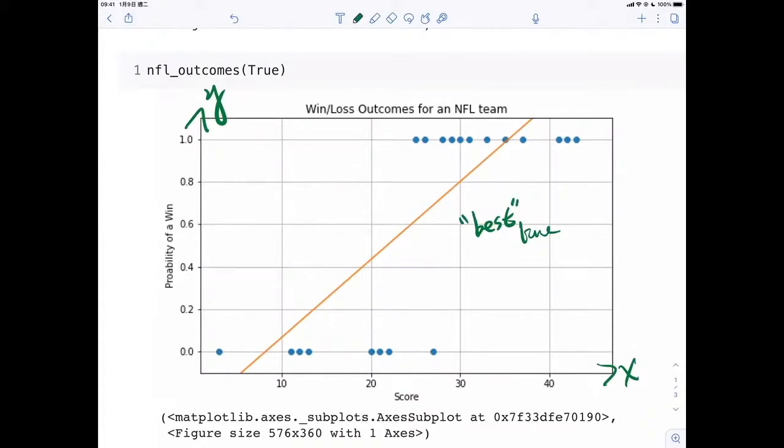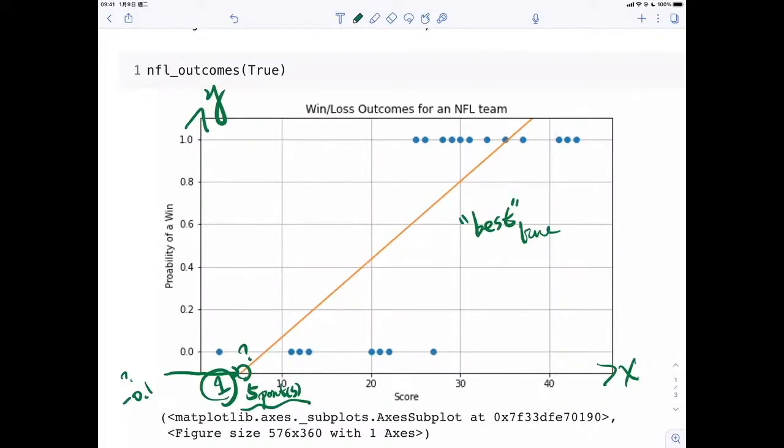Why is the answer no? Because we create a line, right? So what does this point mean? That means if you score, for example, 5 points, your winning probability would be, for example, minus 0.1. However, as we know, the range of probability is between 0 and 1.0.